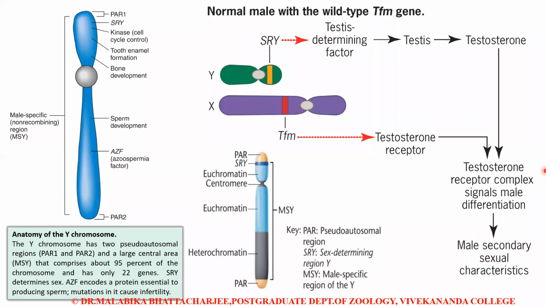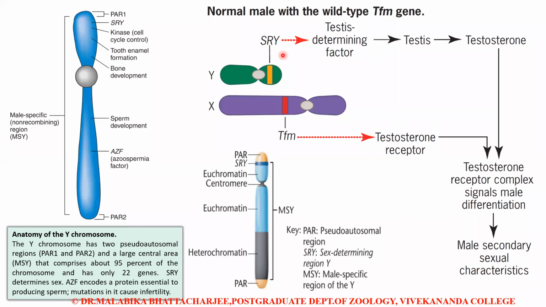Now coming to the SRY, a bit more detailed. At 6 to 8 weeks of development, the SRY gene becomes active in XY embryos. The SRY, as you can see, is encoding a protein that causes the undifferentiated gonadal tissues I showed you earlier of the embryo to form the testes.